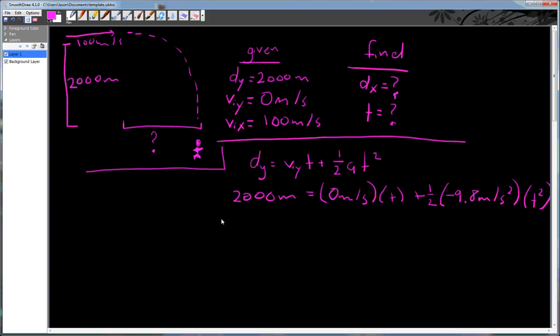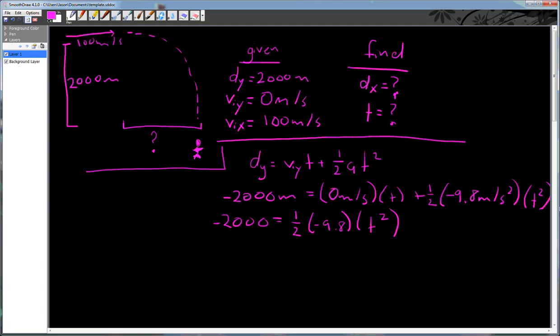Alright, this is actually negative 2,000 meters because it's down. So just taking away units so I can do math here. Negative 2,000 equals, this drops out to 0, 1/2 negative 9.8 times t squared.